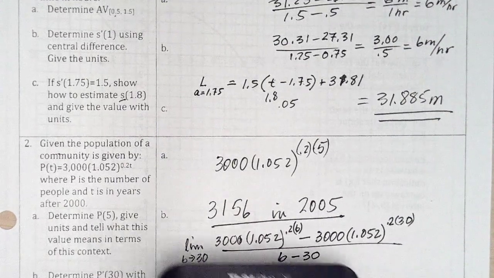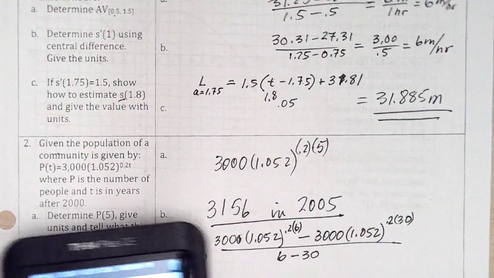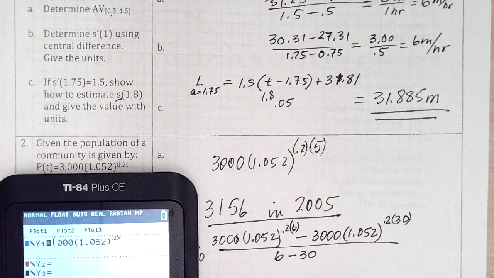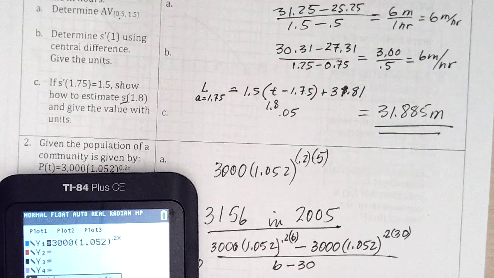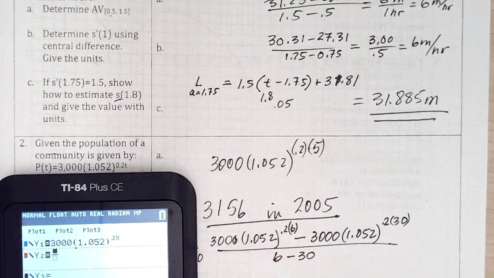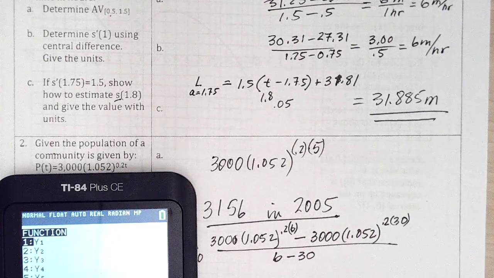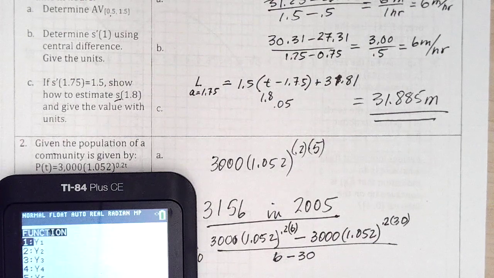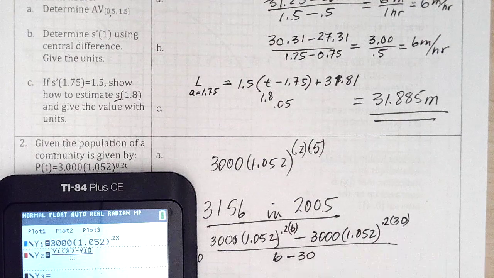And then we're going to use technology here. So I've got the equation in here, and I'm going to type in parenthesis, 3000, put the 3 back there. Numerator, let's just put it in fraction. That's alpha y equal. Then I do the numerator, which is y1 of x for my b, minus y1 of my 30.